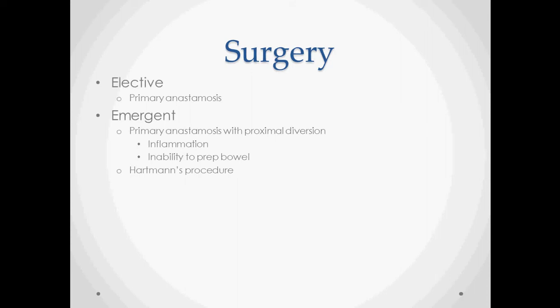So for these people, you can go in there and you can resect the sigmoid colon, and then you can just reattach the rectum to the descending colon. And in some cases, though, if this is an emergency situation, you may not be able to do an anastomosis.